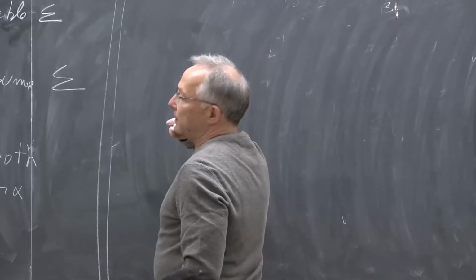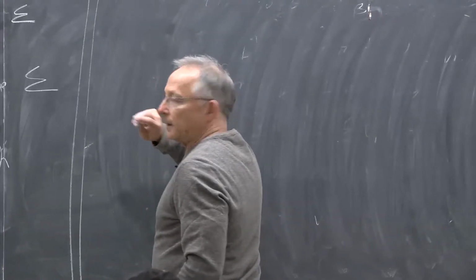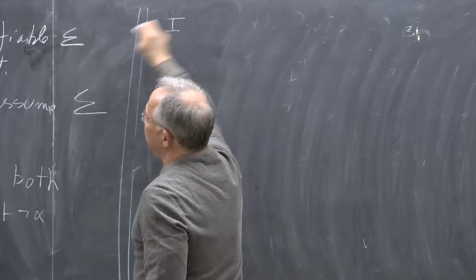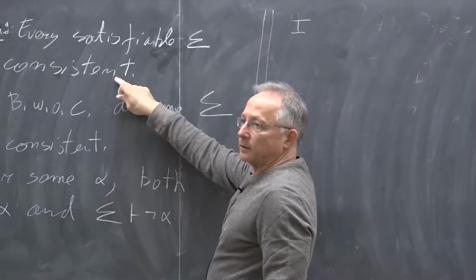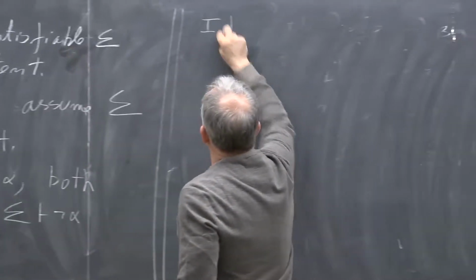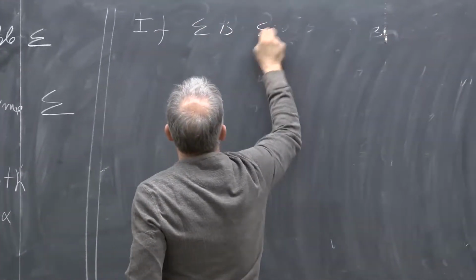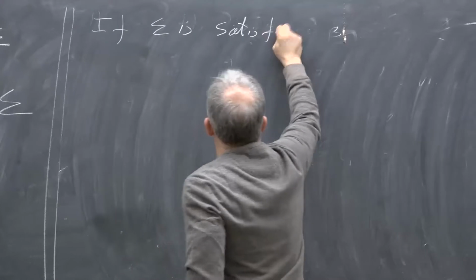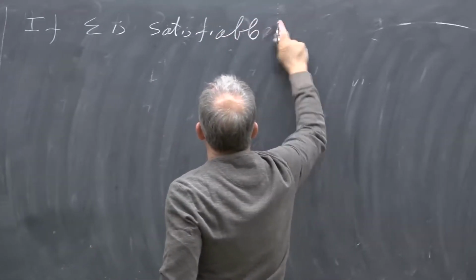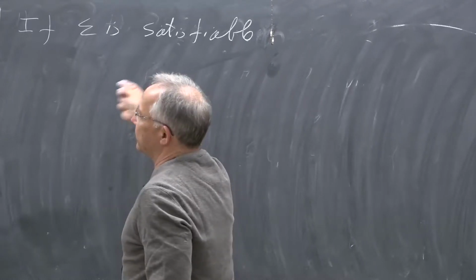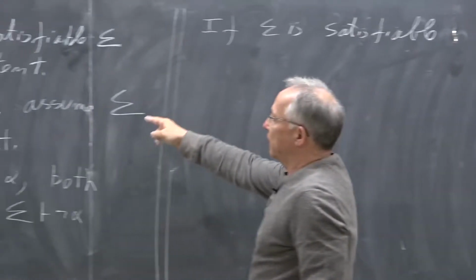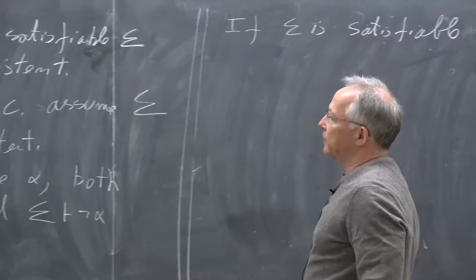So, you see, I assume that sigma is inconsistent. I want to show that it's not satisfiable.